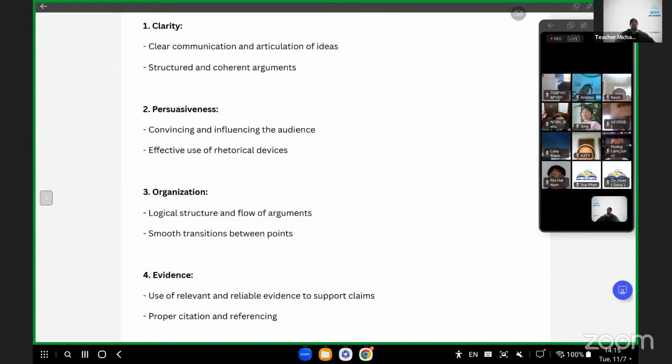And also they want to check that you're using your rhetorical devices or persuasion techniques well. So are you using, for example, rhetorical questions, which is a great way to start? Are you asking questions to get your audience to think? Are you using, what's another good one? Repetition. Are you using these techniques that will get the audience on your side?